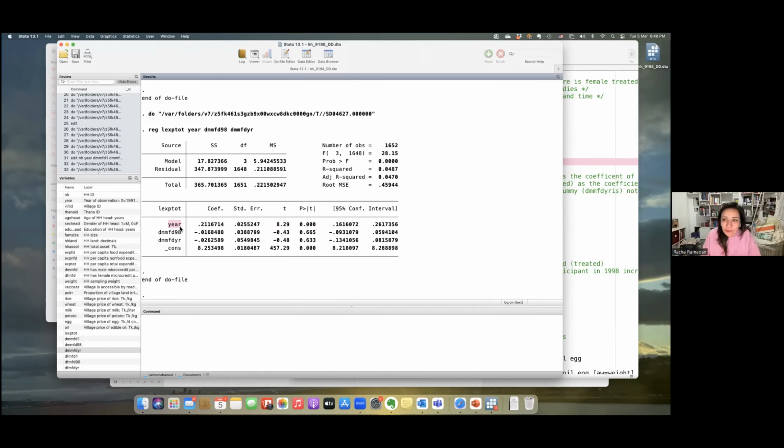Can you explain more, please, Racha? Yeah. The year represents time. Yes, which means that when we are in the year 98, what would happen to the total expenditure per capita compared to the year 92? Is this the alpha? No, this is not the alpha. The alpha is the constant term.